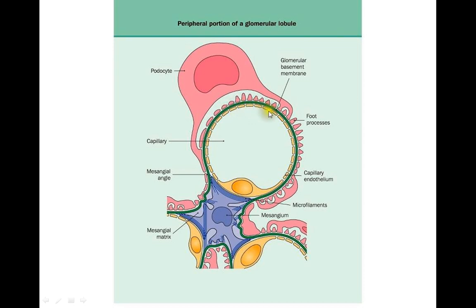The cytoplasm of endothelial cell is not continuous. It has some pores, and because of this we say that the endothelium in glomerulus is fenestrated. Fenestrated means it has some pores, some holes.